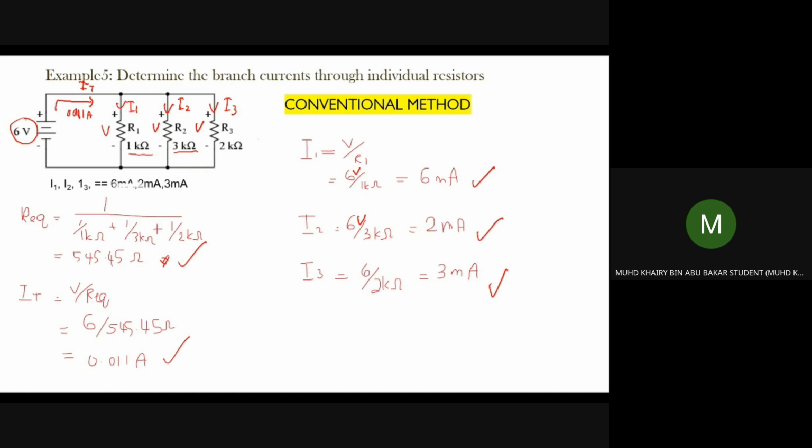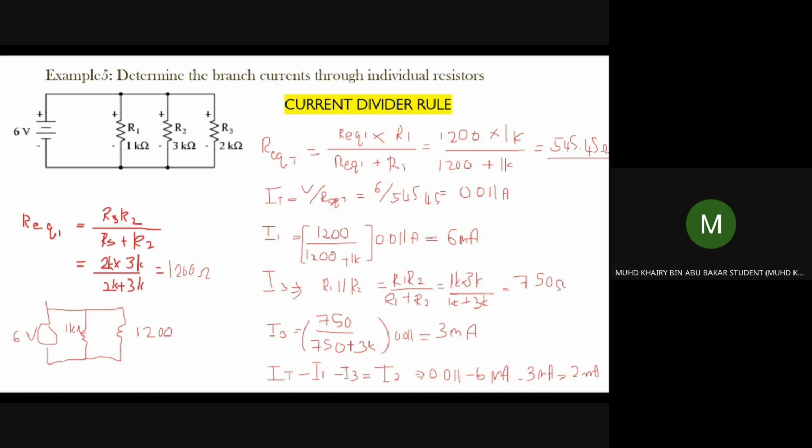Okay, now we go for using the current divider rules. To calculate the R equivalent, you need to make these two into R1 and R2 because the rule is you have to have R1 and R2. Last time we realized it was different when I gave you the formula, but actually you have to combine them first.